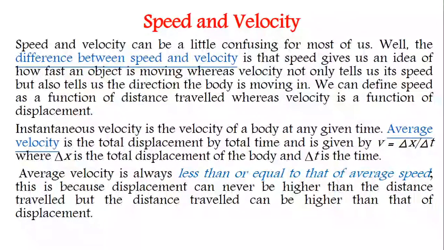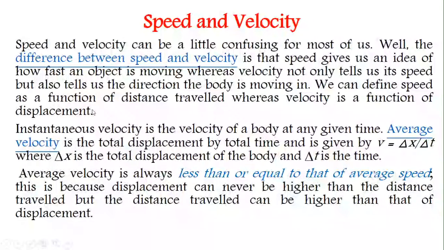When the body is moving, we can define the speed as a function of distance. We already discussed distance and displacement. Here the speed is a function of distance traveled, whereas the velocity is a function of displacement.